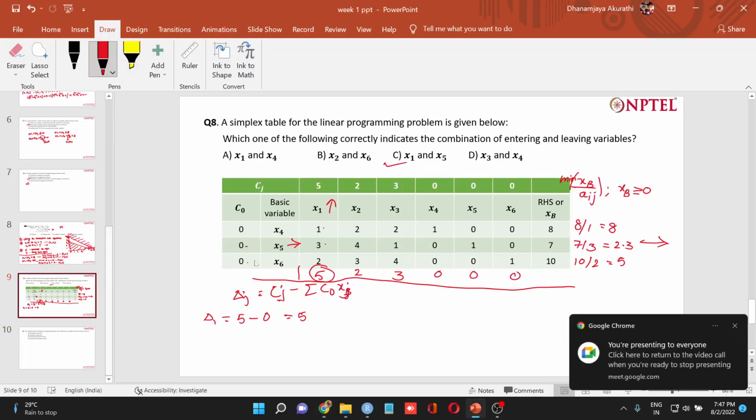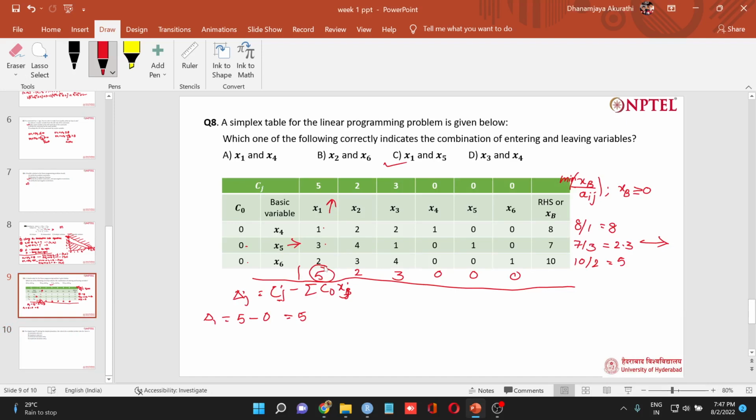In the previous problem, we obtained that x1 is an entering variable. Why? It has the maximum deviation value compared to the others. So x1 is an entering variable because the criterion is the maximum deviation entry.